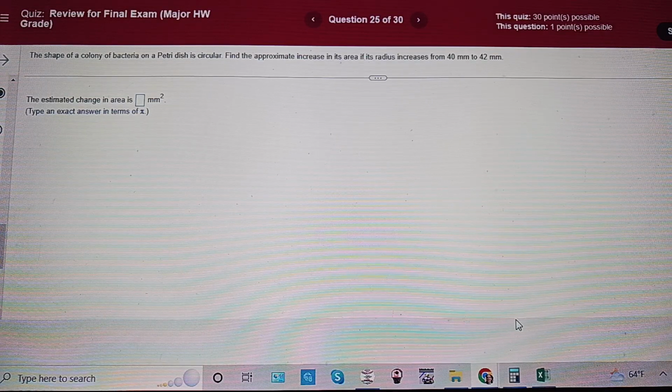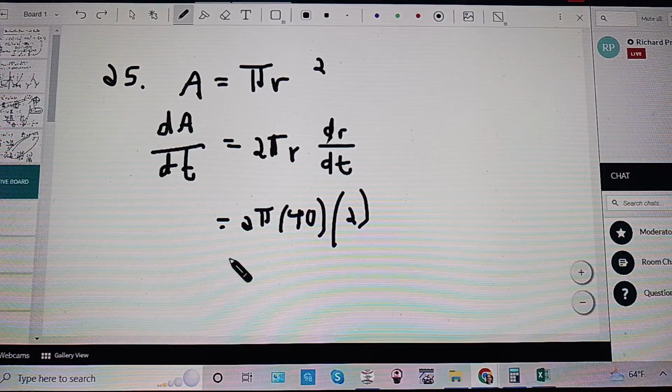Okay, so type an answer in terms of pi. So sometimes they would want you to plug something in for pi, but here they don't. So 2 times 40 is 80, times 2 is 160, 160 pi.